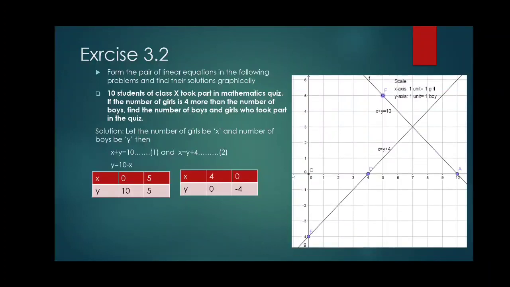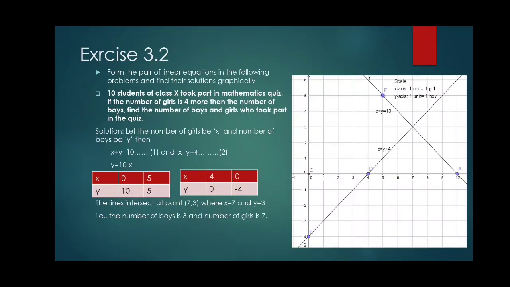So when we plot the graph, we get a plot like this, where the line DE represents the second equation and the line AF represents the first equation. The lines intersect at the point 7 comma 3, where x is equal to 7 and y is equal to 3.